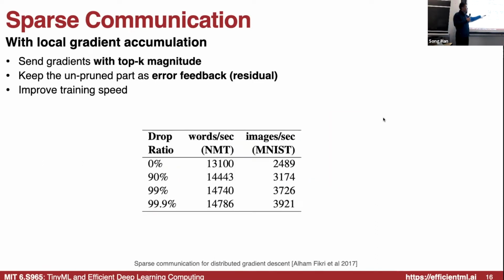So this is the training speed. If we drop 0%, then we can process about 13,000 words per second. But if we drastically reduce the number of gradients to be communicated, there is a noticeable improvement in words per second, or images per second, during training.